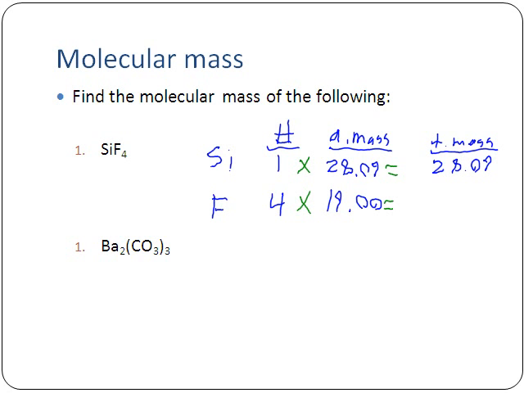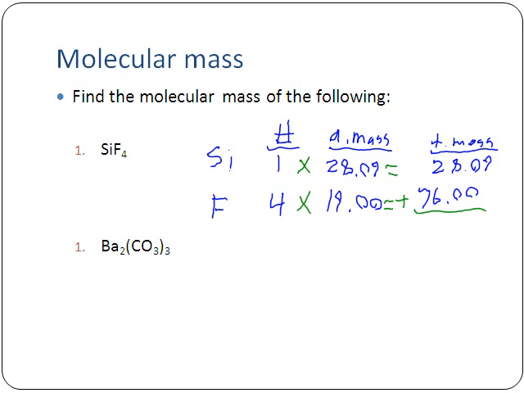4 times 19 is one that I should be able to do in my head, but I'm going to do it in the calculator just to make sure I don't make a mistake. So we said 4 times 19 is 76, and so we get 76.00 is the total amount of fluorine. And now at this point, we can just add those two up.